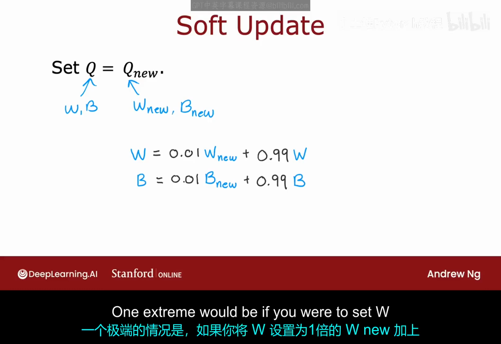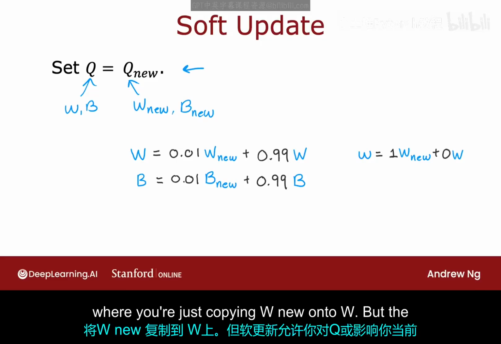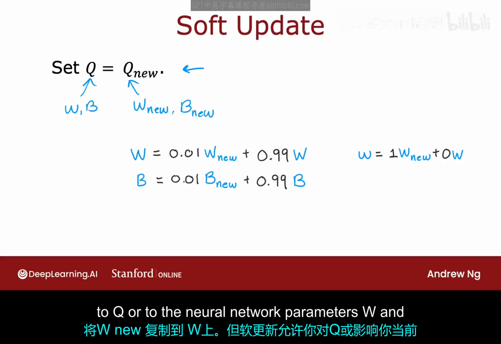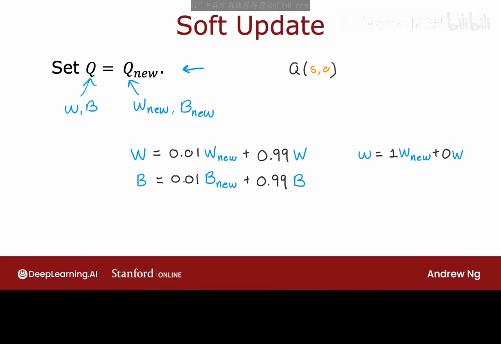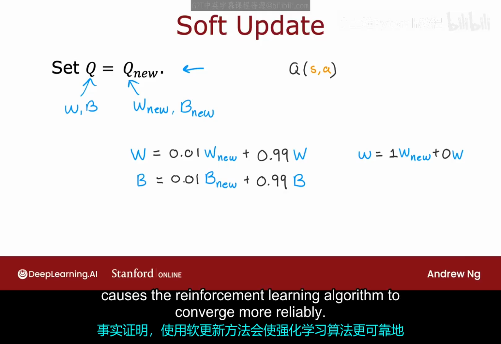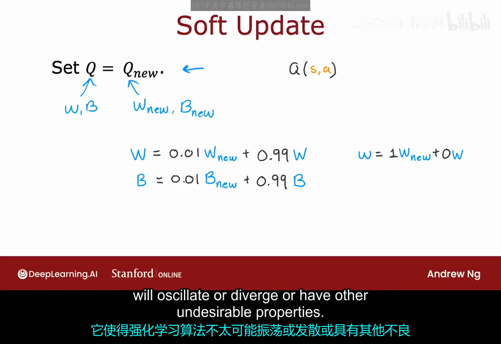One extreme would be if you were to set W equals 1 times W new plus 0 times W, in which case you're back to the original algorithm up here, where you're just copying W new onto W. But the soft update allows you to make a more gradual change to Q, or to the neural network parameters W and B that affect your current guess for the Q function Q(s, a). And it turns out that using the soft update method causes the reinforcement learning algorithm to converge more reliably. It makes it less likely that the reinforcement learning algorithm will oscillate or diverge or have other undesirable properties.